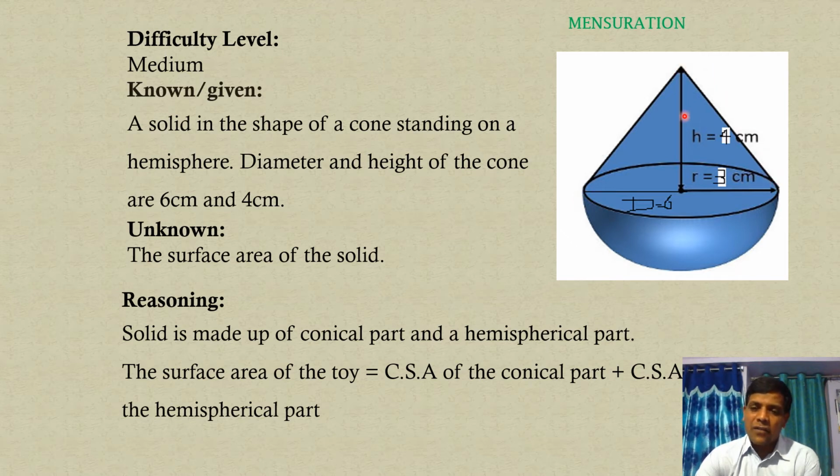So total surface area means CSA of conical part and CSA of hemispherical part, adding up these two. CSA of cone and CSA of hemisphere is the total surface area of the toy, or of the given solid.